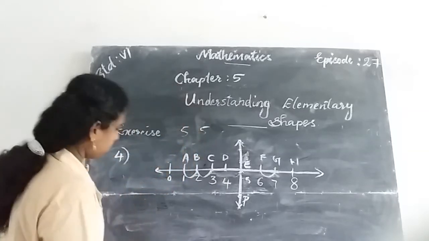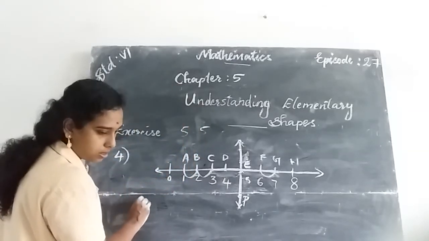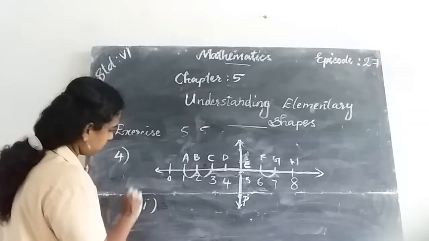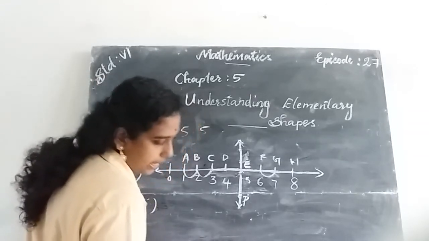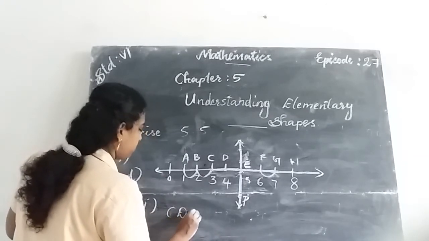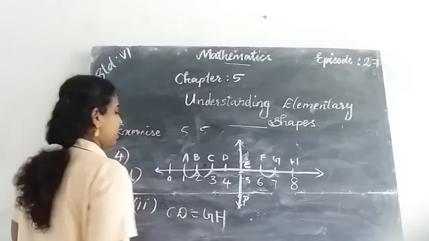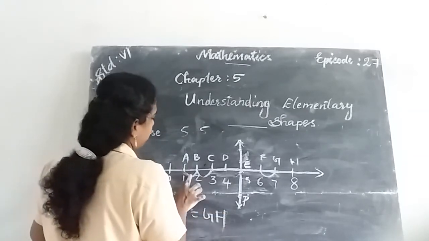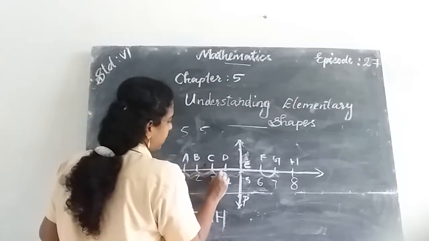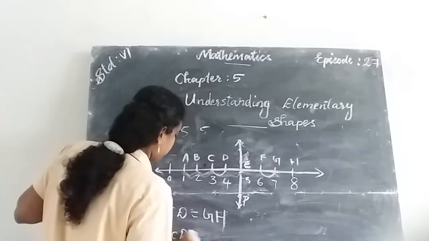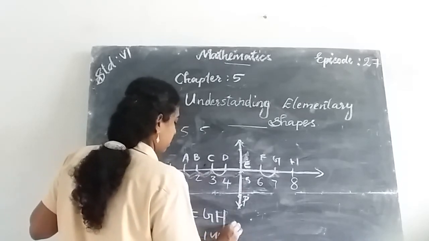Next statement, the same part. CD is equal to GH. From the figure, CD is equal to GH. Here C to D, 1 unit. CD is equal to 1 unit.